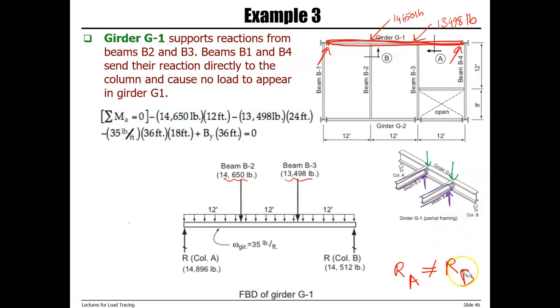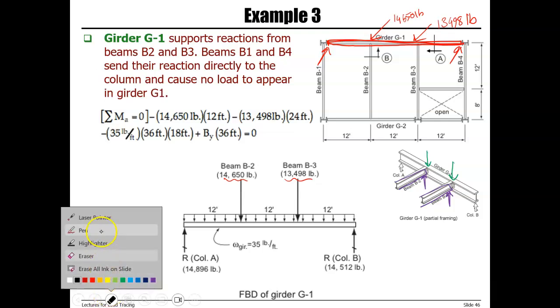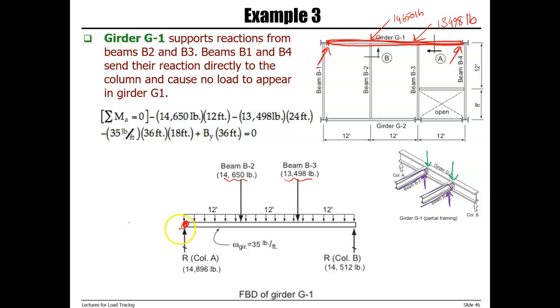RA is not equal to RB, and we cannot use R is equal to load times length divided by 2. We actually need to use equations of equilibrium. So we have point A, that's point A.